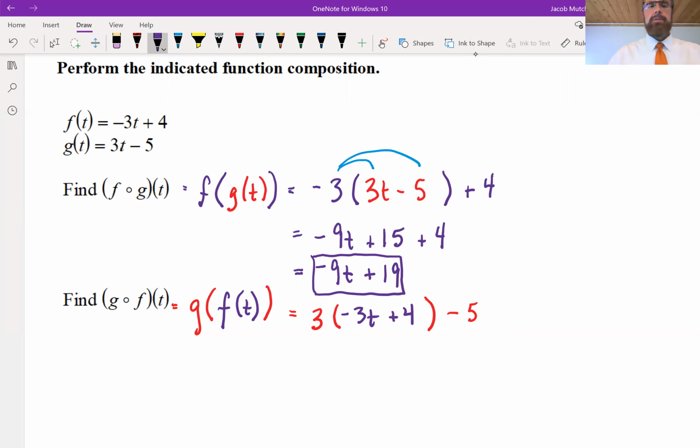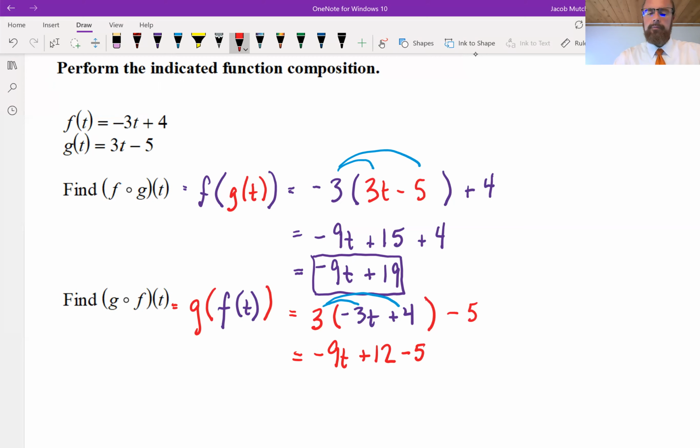So again, we want to simplify. We are on the lookout for whether this is also going to reduce down to negative 9t plus 19. Let's distribute this positive 3, double distribution there. This would give me 3 times negative 3t, negative 9t. 3 times 4 is positive 12. And then I'll tack on minus 5.